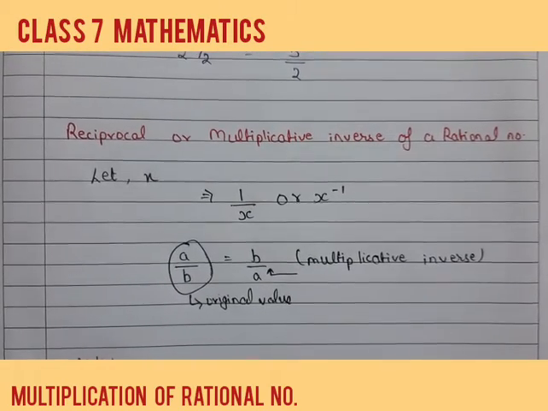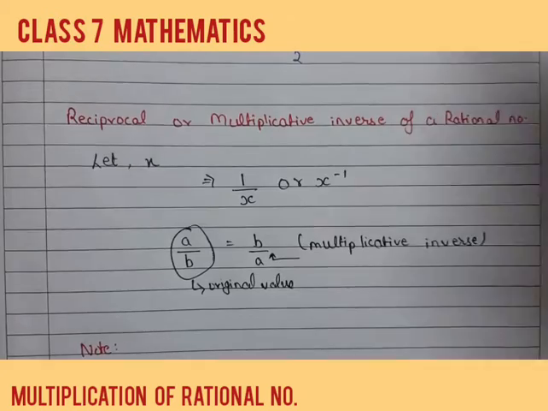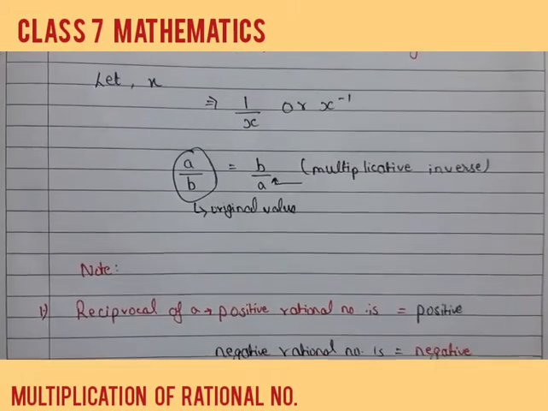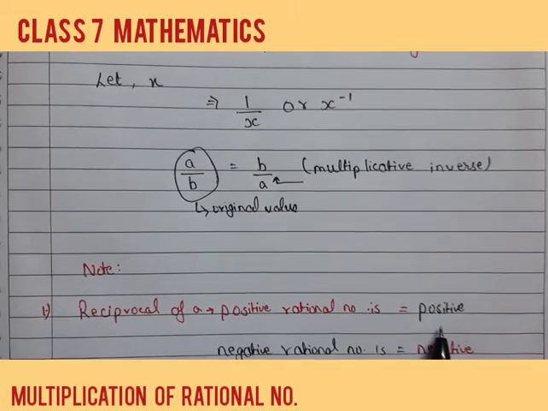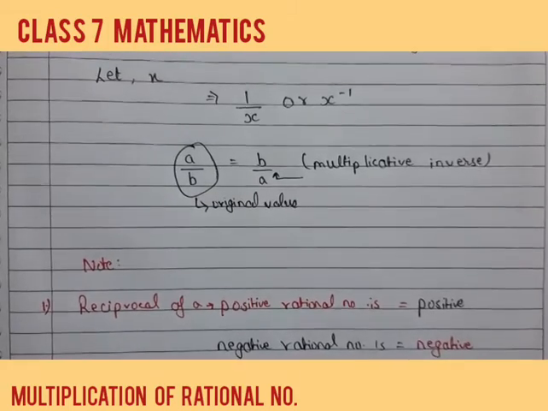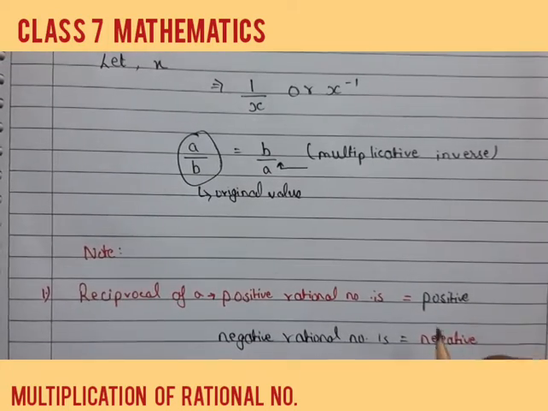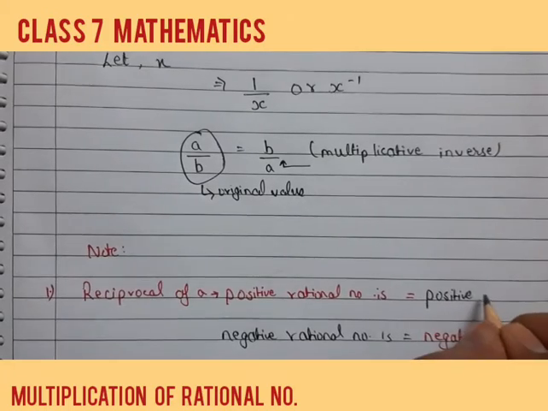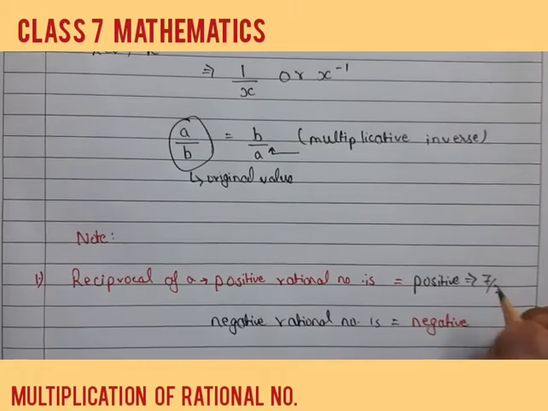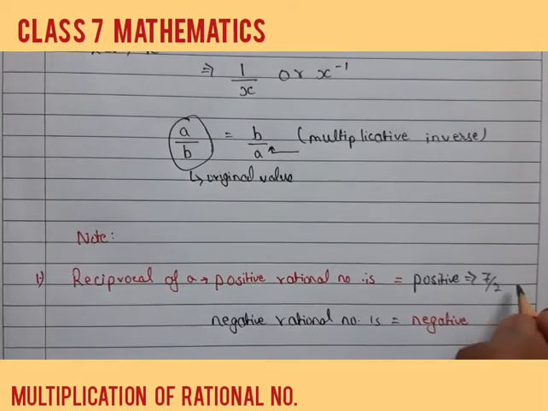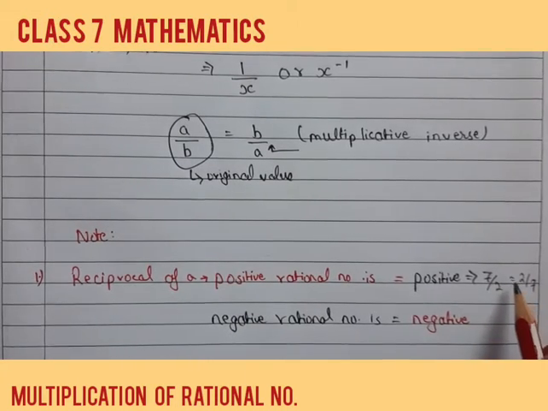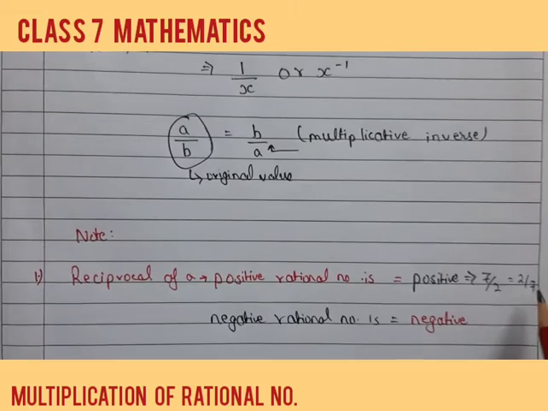Some points need to be remembered: the reciprocal of a positive rational number is always positive, and the reciprocal of a negative rational number is always negative. For example, if a positive rational number is given, say 7 upon 2, then its reciprocal will be 2 upon 7.